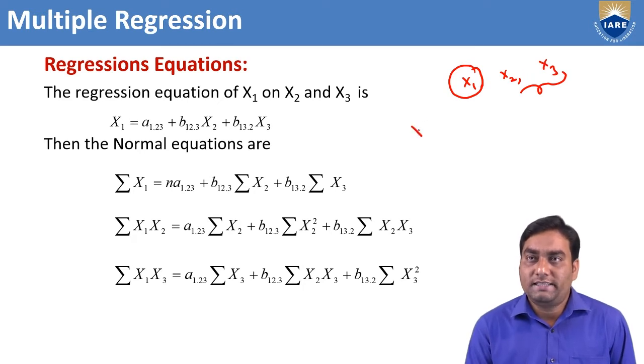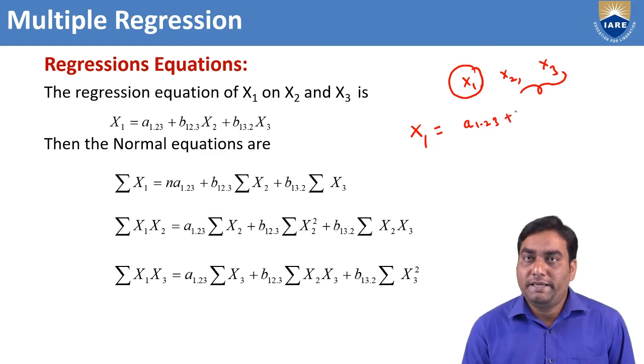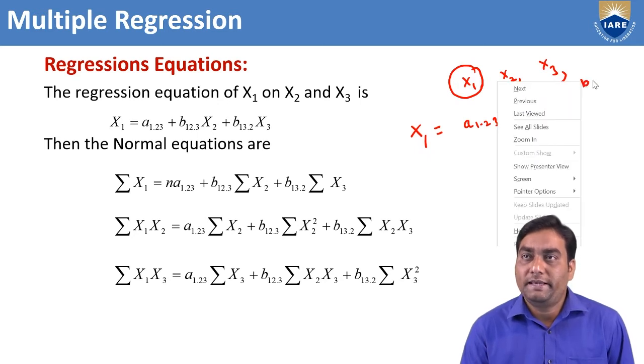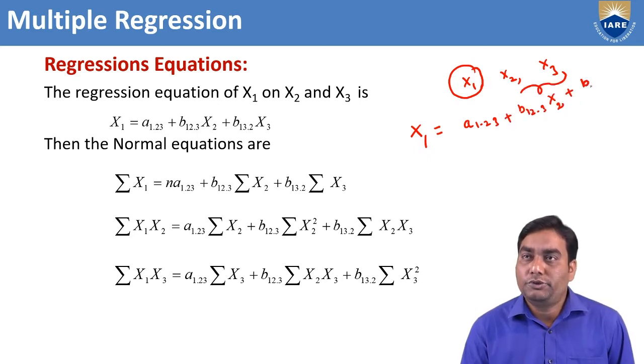The formula is: multiple regression of x1 on x2 and x3 is a 1.23, the constant value, plus b 12.3 x2 plus b 13.2 x3. x1 is the dependent variable which depends on x2 and x3.